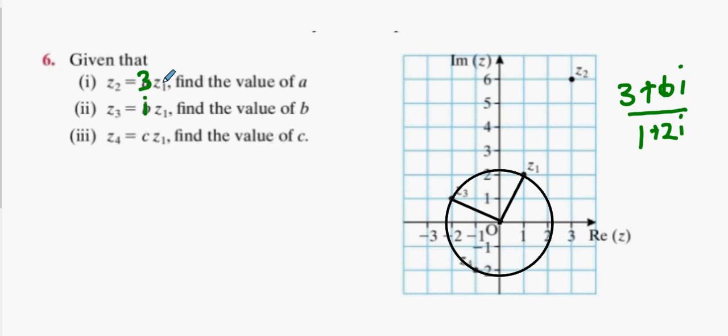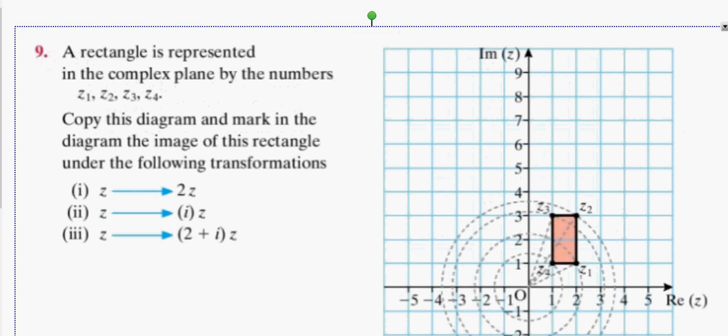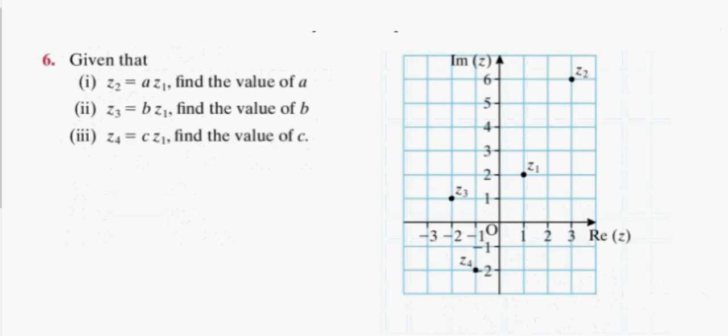Alright, Z4 equals C times Z1. Find the value of C. So where is Z4? Okay, so I'm just going to go back to the start here. So, here's Z1.